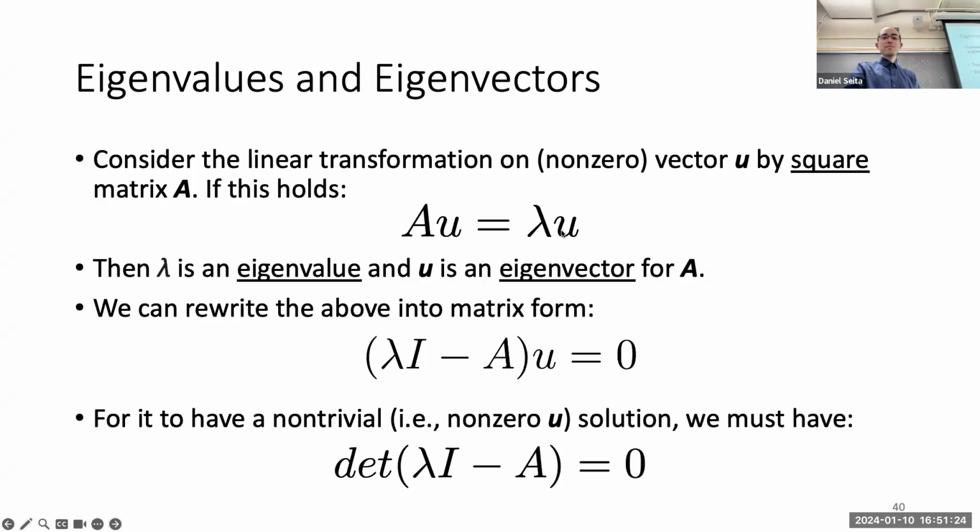If you subtract AU from both sides, then this side becomes 0, and you get lambda U minus AU. But whenever you do that, you have to put in the identity to make the math work out. The identity just makes sure that the two matrices here, lambda I and A, have the same dimension, because you need that for subtraction to work.